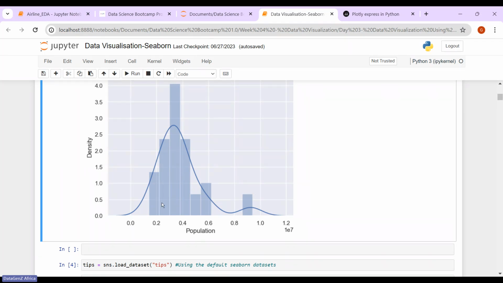But for normal distribution data, it shows you that your data set is evenly distributed, right? That is, the mean of the data set aggregates towards the center.